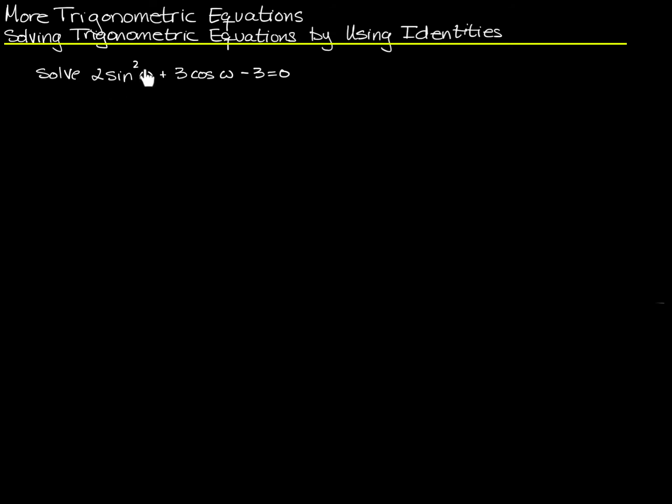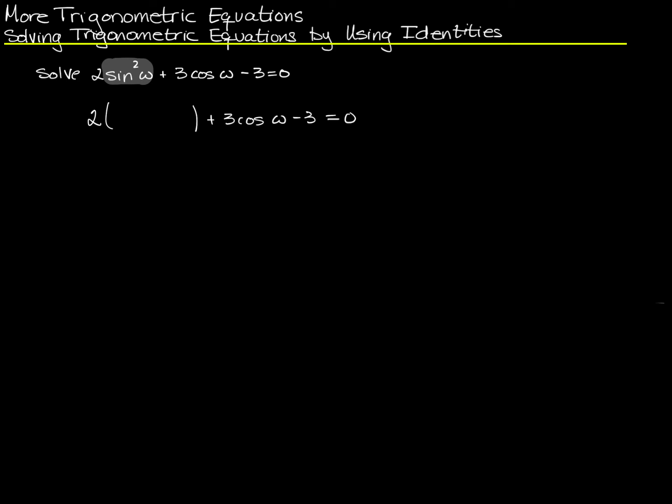On closer inspection, we can see that this squared term here is a sine, but the non-squared term is a cosine. We can't really do these unless we can find a way to get all sines or all cosines. The good news is I know another way to write the sine squared. I can rewrite this as 2 times something else for sine squared plus 3 times the cosine of omega minus 3 equals 0.